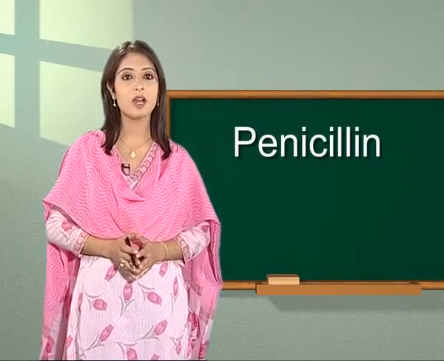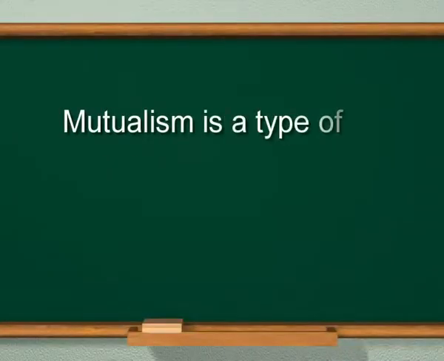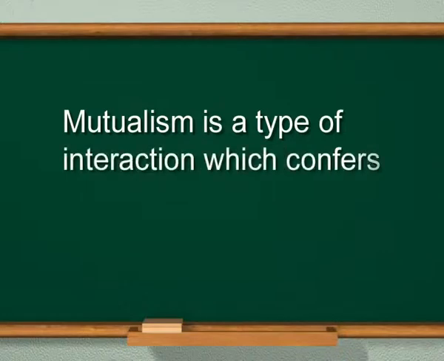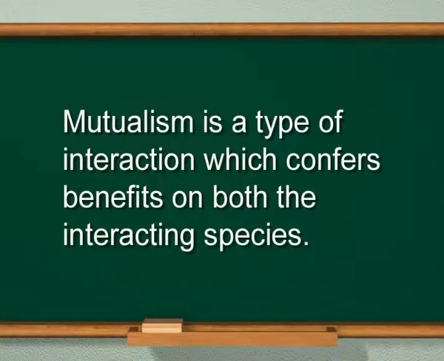Now let us explore mutualism. Mutualism is a type of interaction which confers benefits on both the interacting species. Let us see some examples.